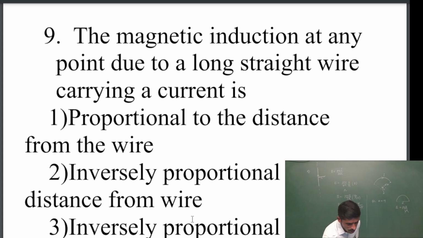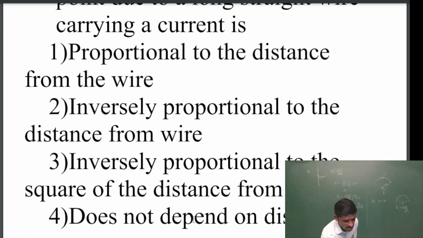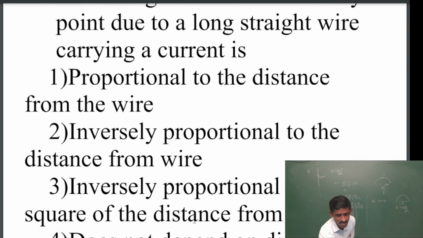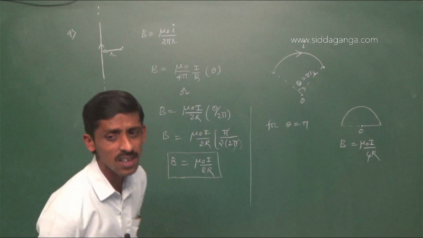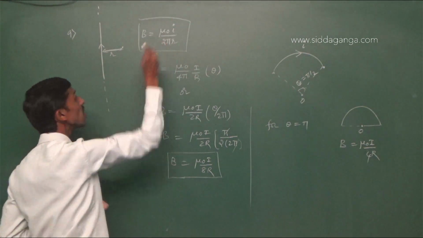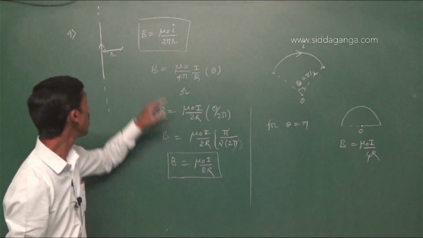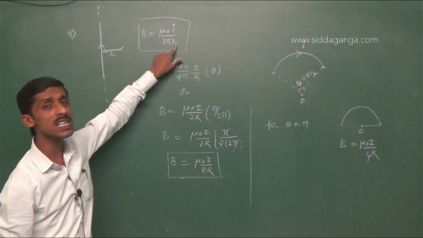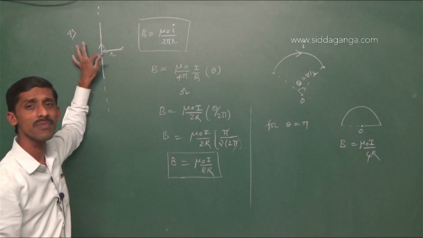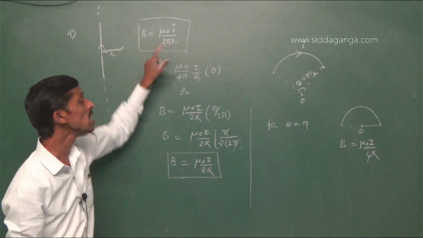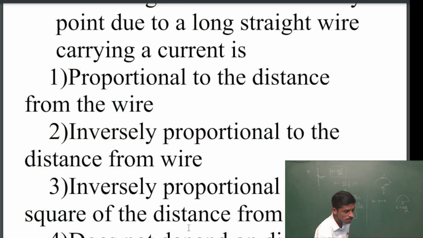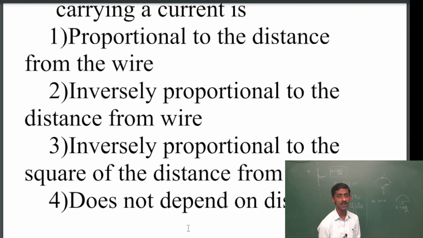Proportional to distance from the wire, inversely proportional to distance, inversely proportional to square of the distance, or does not depend on distance? Magnetic field due to a long straight wire is mu naught I by 2 pi r. Question is very simple. How is B related to r, that is the distance, in case of a long wire? In case of a long wire, B is inversely proportional to distance from the wire. So, inversely proportional to distance from the wire, second option.